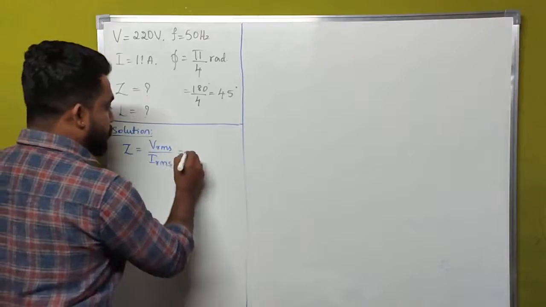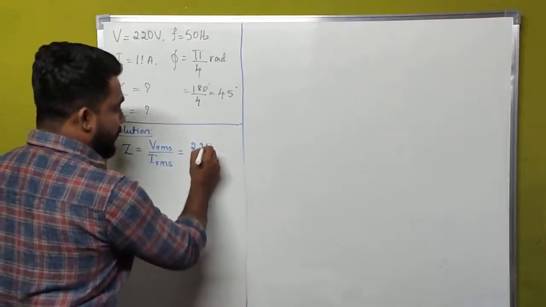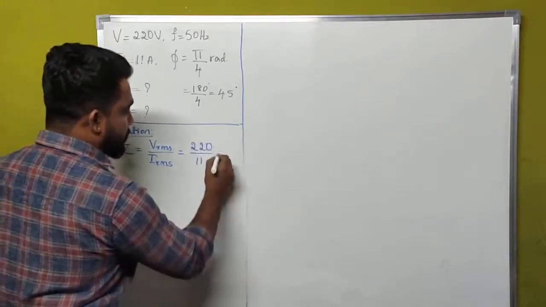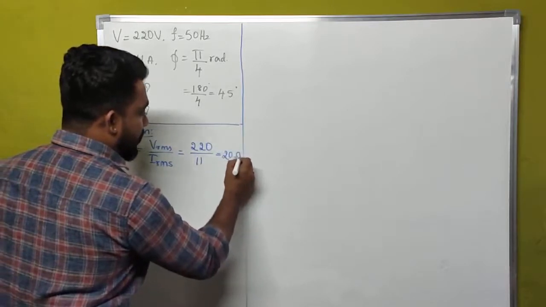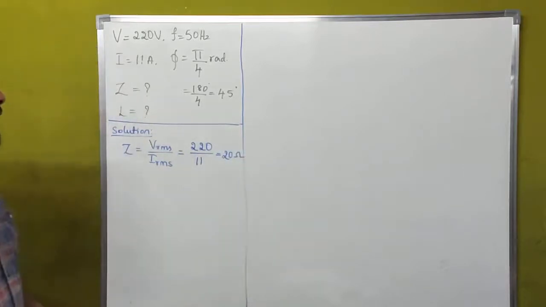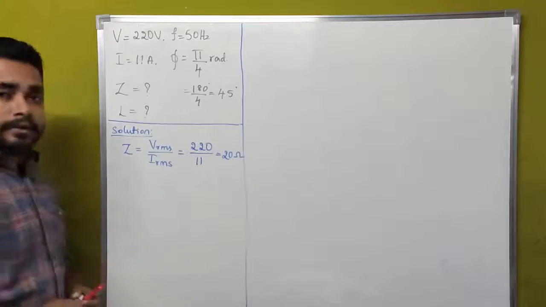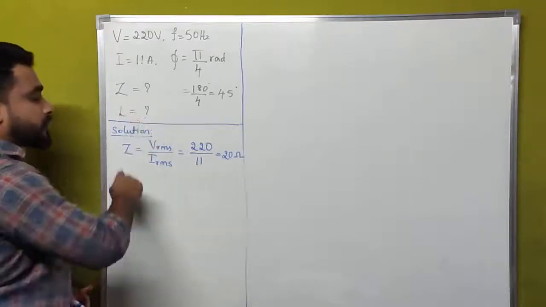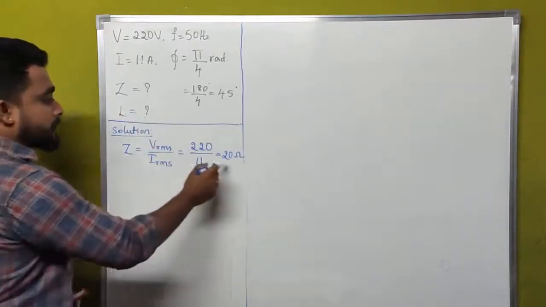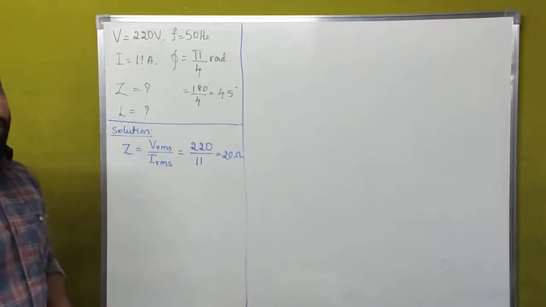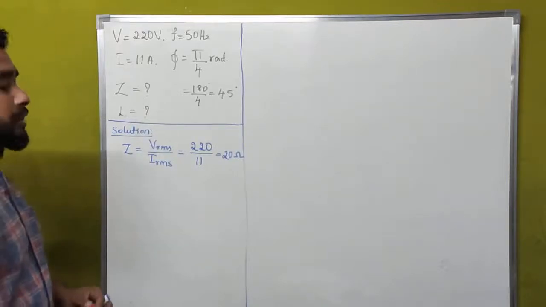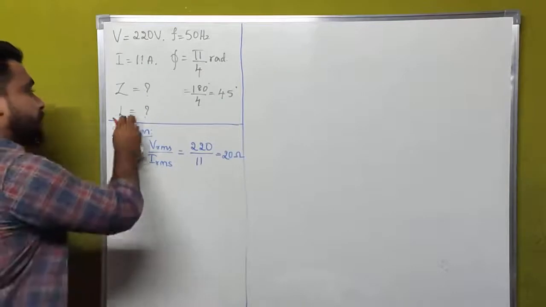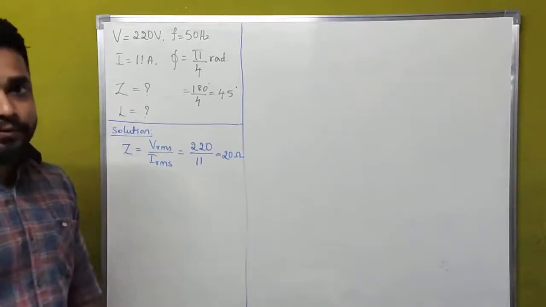If we substitute those values, we get 220 divided by 11 is equal to 20 ohms. So the value of Z is equal to 20 ohms.